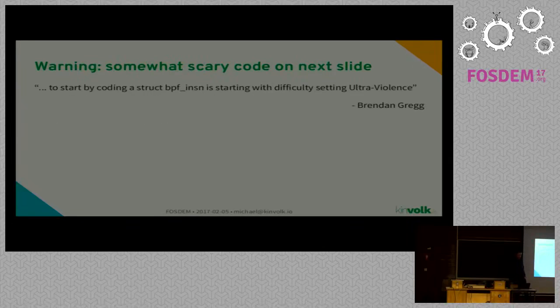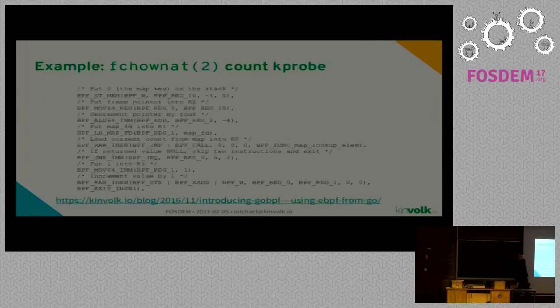So to give you an idea how BPF looks like when you really write BPF assembly or pseudo-assembly, I will show you a short code snippet, but you don't usually have to do that. So that's a very small program you could load into the kernel as is to count fjoin at syscalls.